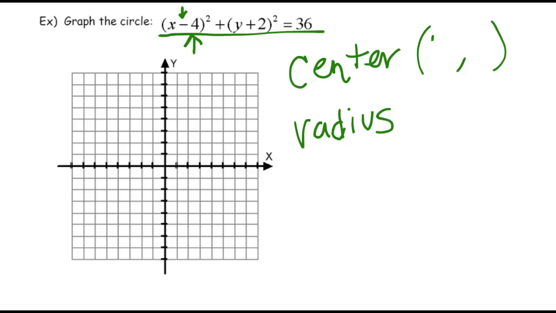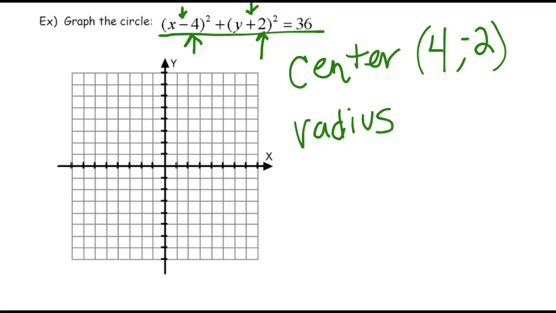Didn't look very nice, so let me rewrite that. 4. And then the y is going to be what's grouped in here with my y. That is the y of my center, opposite the sign. It has to say y minus the k value, and it doesn't. It says plus. So we need to think minus a -2. So there's my center, 4, -2.